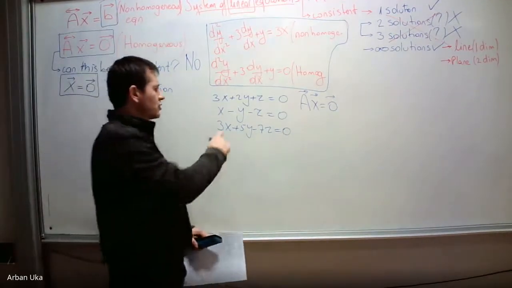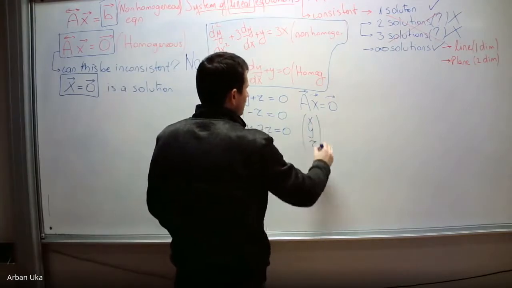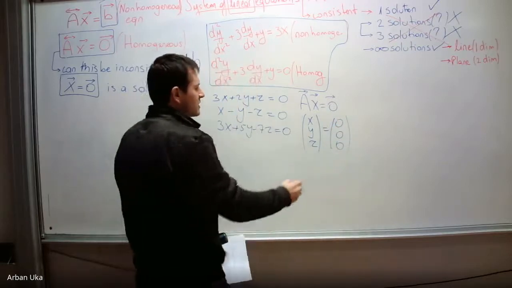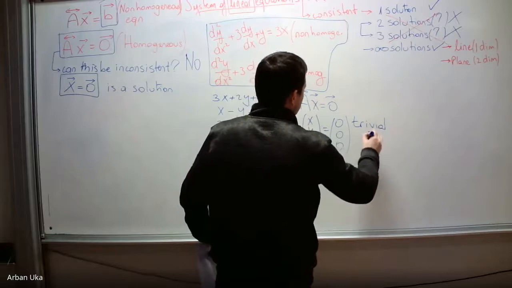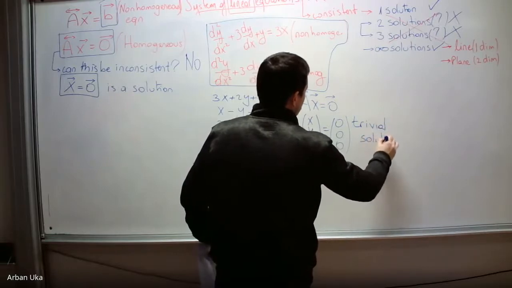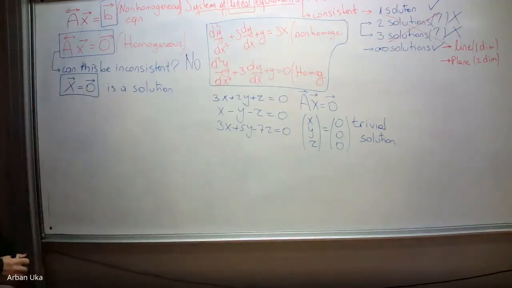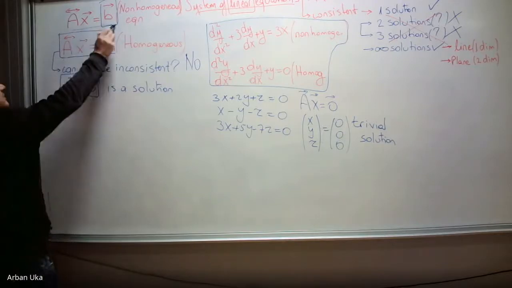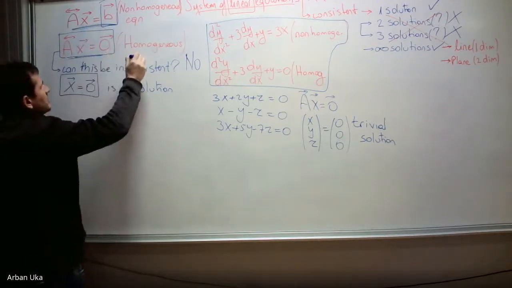The trivial solution of this system is x, y, and z equal to 0, 0, 0. So this is the trivial solution. Now regarding this, it looks like the non-homogeneous one can sometimes be inconsistent, but this one never.